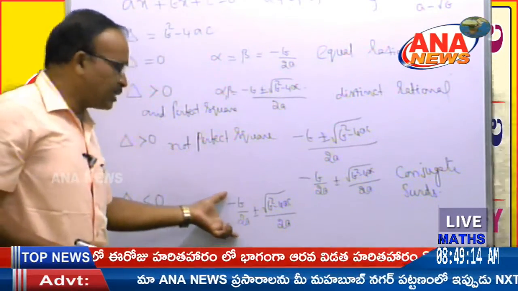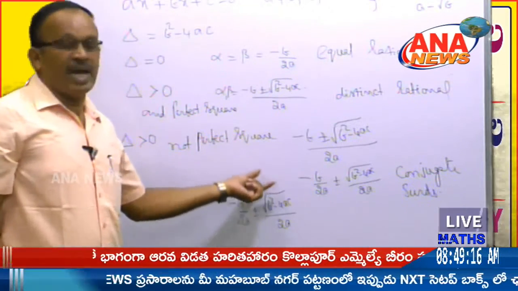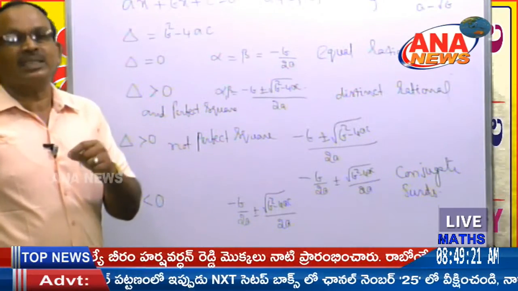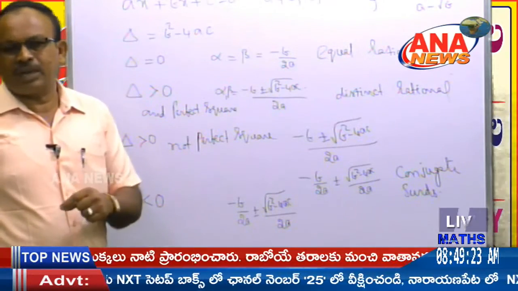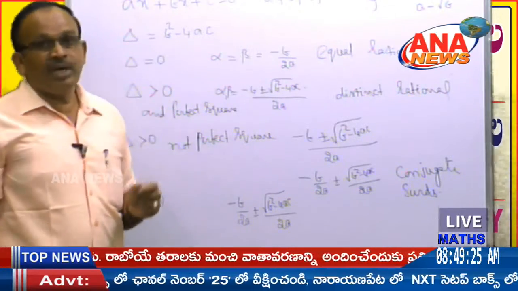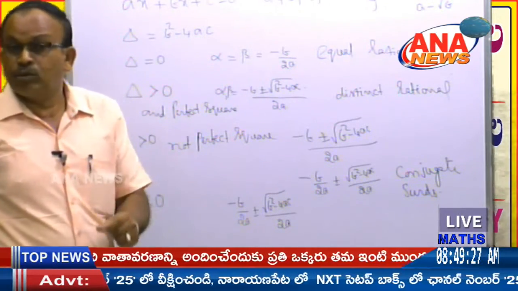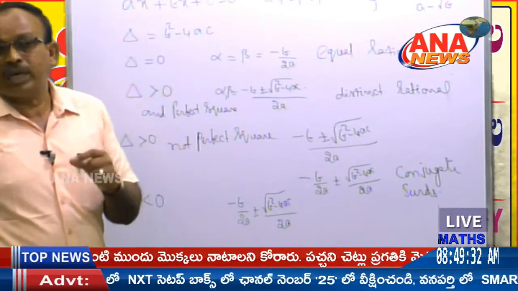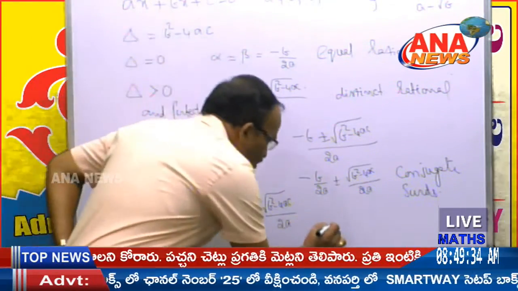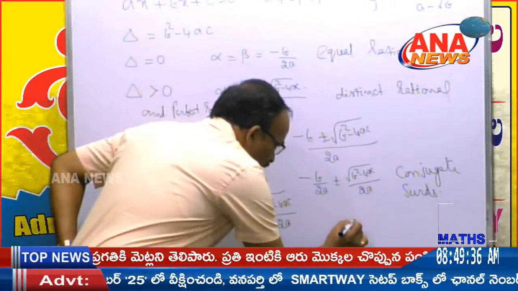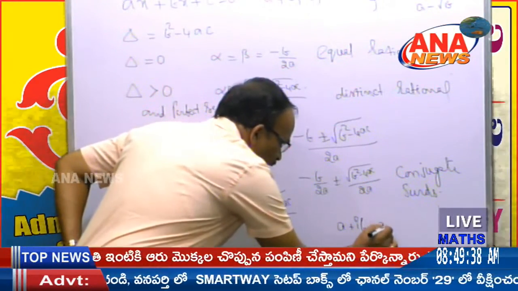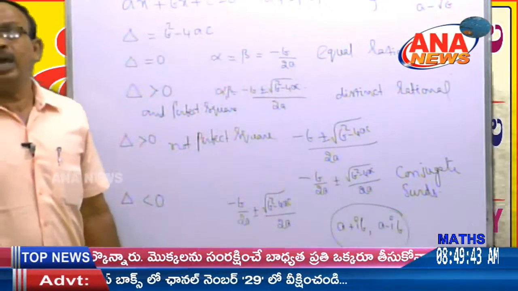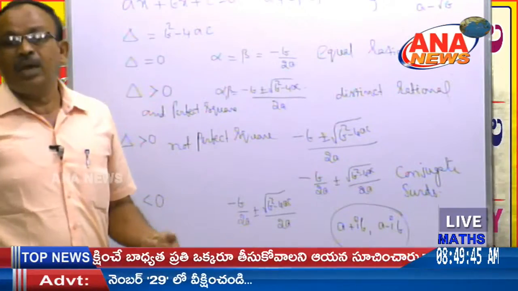Here this is rational, of course, but this is imaginary. So the roots are conjugate complex numbers. If a quadratic equation has complex roots, they are in a conjugate pair, in the form of a plus ib and a minus ib.